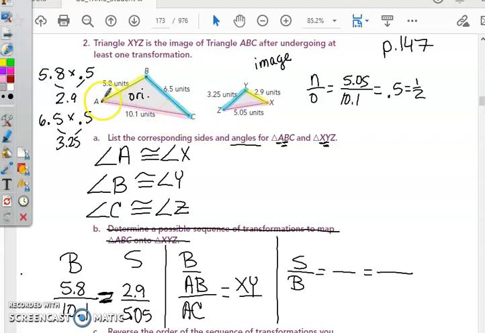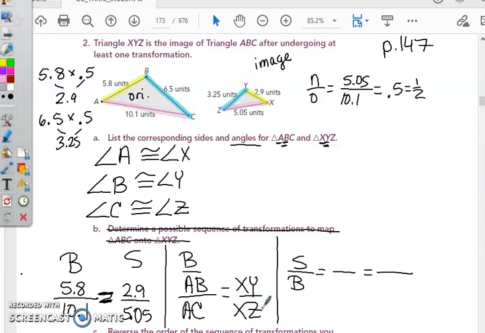AC, I know it's from here because this is where the yellow is, XZ. And this is how we set up corresponding sides when they are similar. And then if I need to find the missing value, I would put an X somewhere, but this is how we set it up.